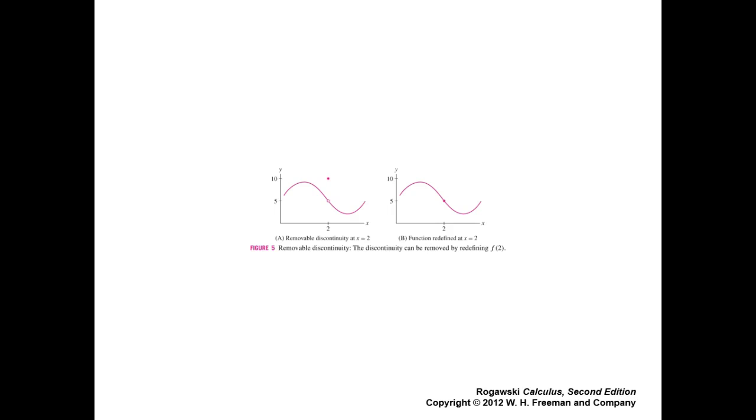And here is a classic example of where it's not. Here's a function. The pink line is a function here. However, it has a hole in the function at x equal 2.